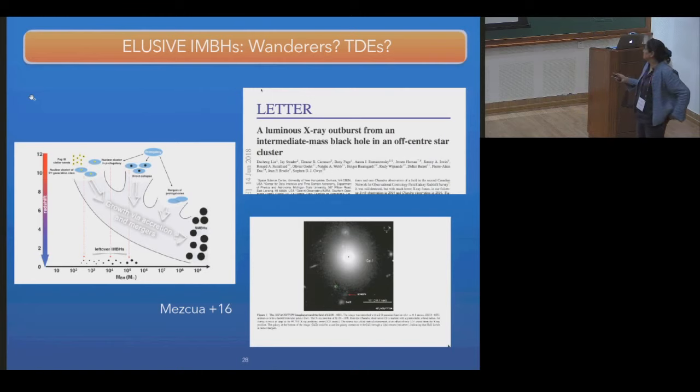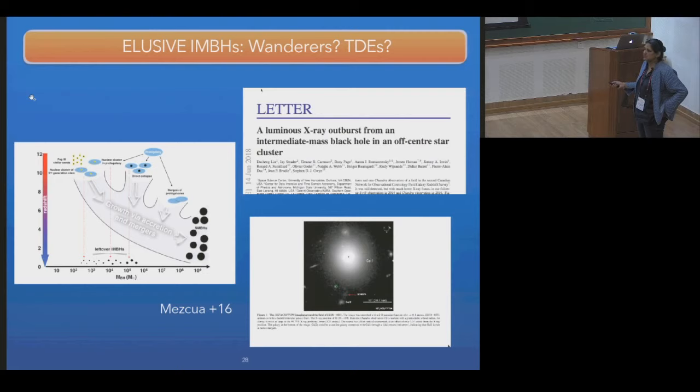So once again, I wanted to show you that this is one of my favorite candidates, and this is a believable one. It's off center. I showed this to you earlier. And so maybe the way we've been searching for them, looking for them in the centers of low mass galaxies, maybe that's not the way forward, and maybe they are all wandering, so that's why they've been hard to detect. In this particular case, we detected this one because it actually gave you an X-ray outburst, like a TDE type outburst, right?